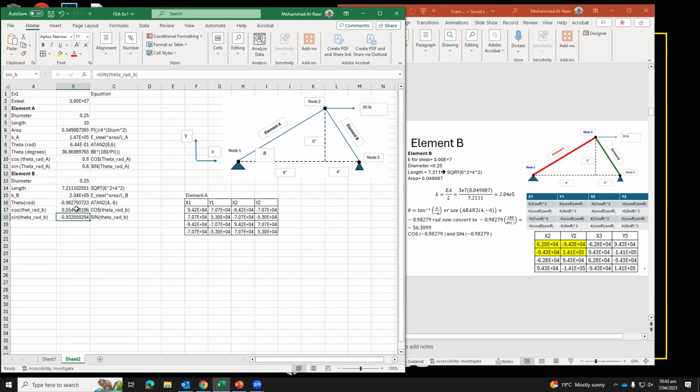So this sine B, cosine B, and that way make life easy for everyone to go through it. Again, if I want to avoid any of these numbers, I could just put them scientifically, but we can arrange that very soon.